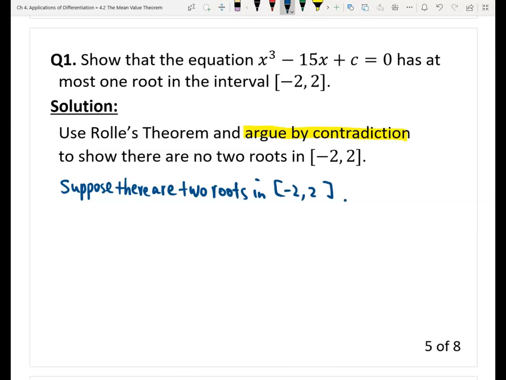This is the opposite hypothesis, and now we're going to reason from it. By using Rolle's theorem, I will find a contradiction. So I'll go back to see this hypothesis is wrong, which is the proof.